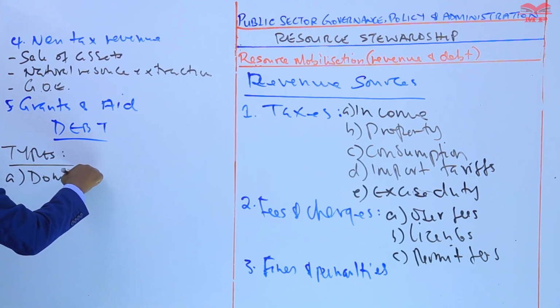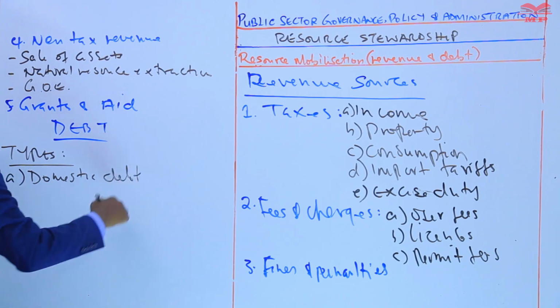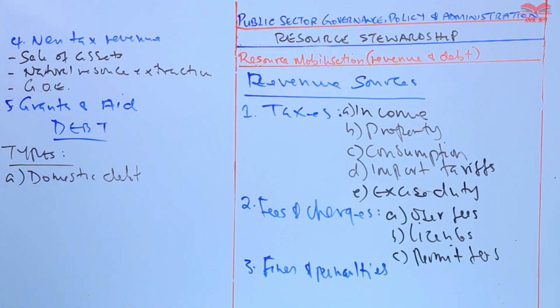Domestic debt involves borrowing from within the country, often through the issuance of government bonds or treasury bills. Then there is the second category, which is the external debt.